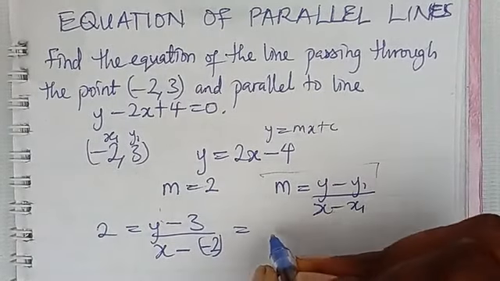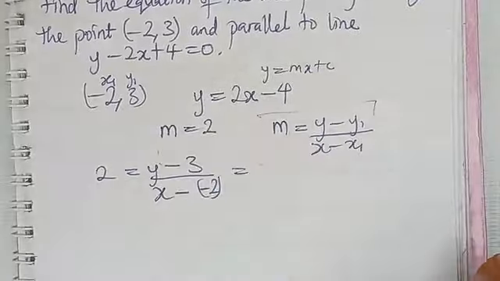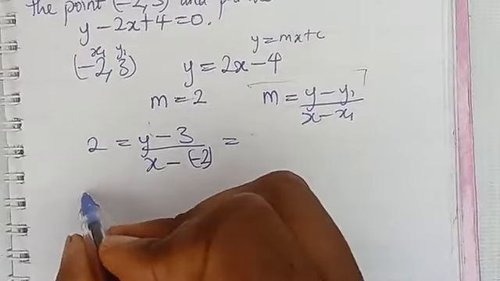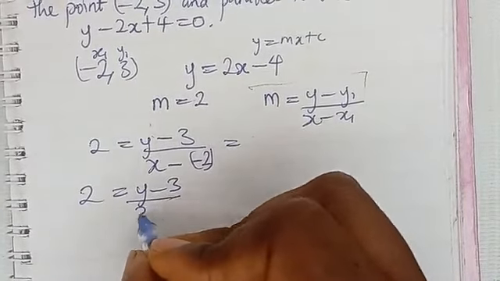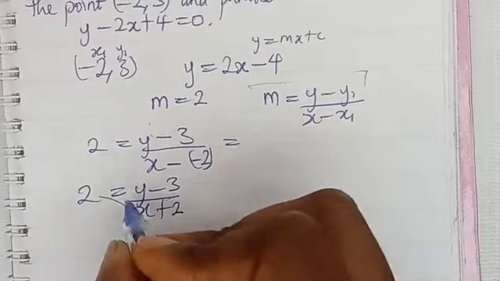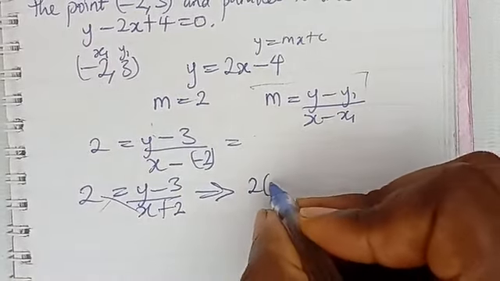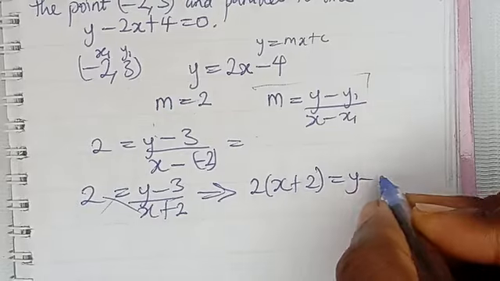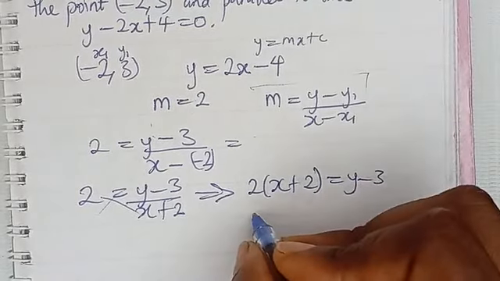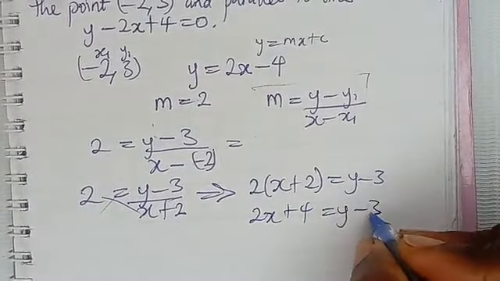Now we have that 2 is equal to y minus 3 over x plus 2. We cross multiply, and multiplying gives us that 2 into x plus 2 is equal to y minus 3. We now have 2x plus 4 equal to y minus 3.